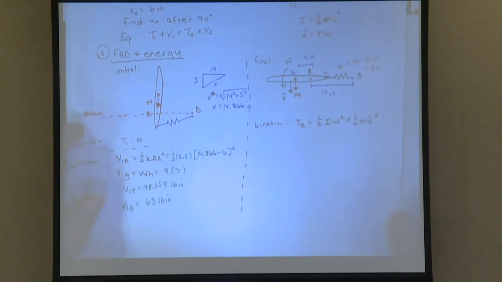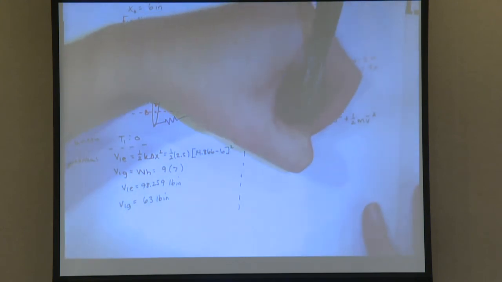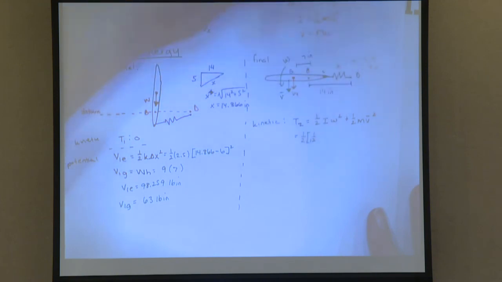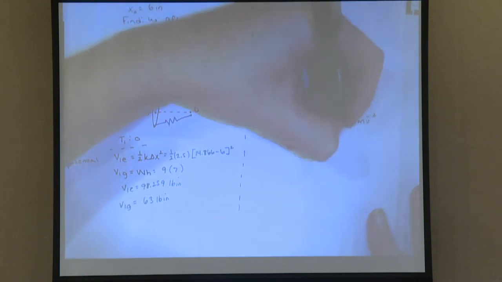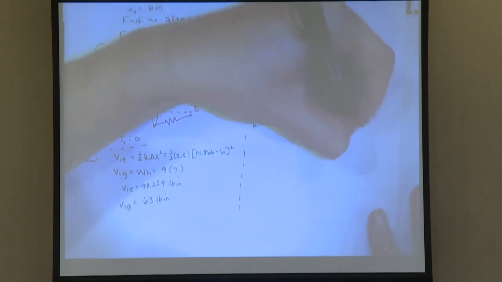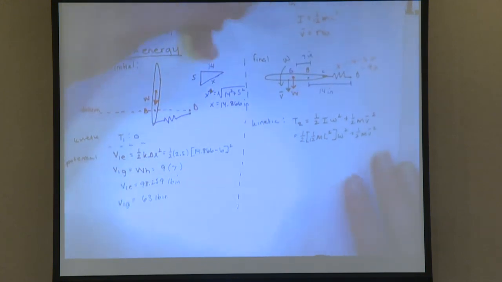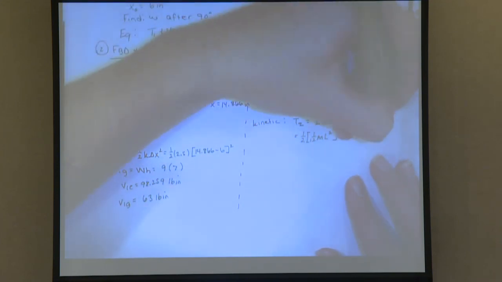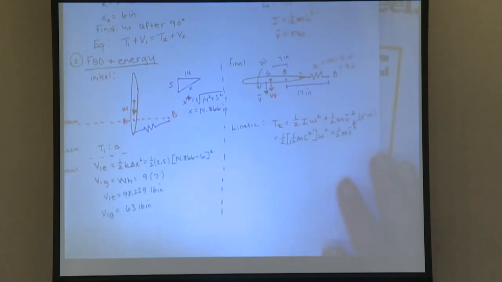So solving for this, we have 1/2 times our I, which is 1 over 12 times the mass times the length squared, times omega squared, plus 1/2 m v bar squared. For v bar, I'm going to plug in r omega, and keep in mind that means both components would be squared.